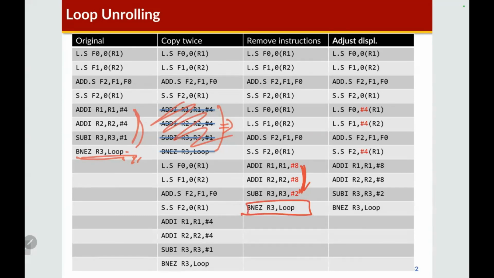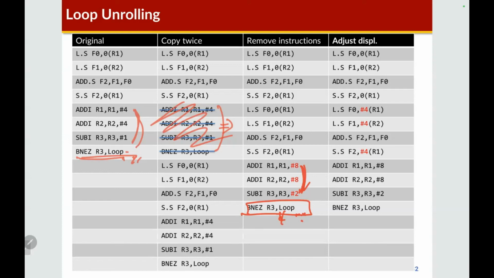The branch instruction is finally located at the end of the loop, and then we can apply the local optimization.